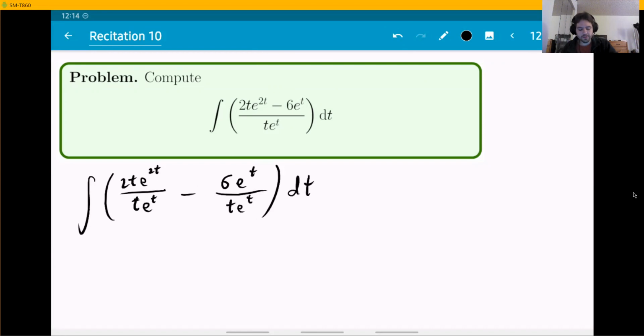By splitting it this way, we can see the simplifications. In the first term, the t's go away, and e to the 2t divided by e to the t, you're going to subtract the exponents. 2t minus t just leaves you an exponent of t. So this is 2e to the t, minus, the e to the t's in the second term go away. This is just 6 over t.